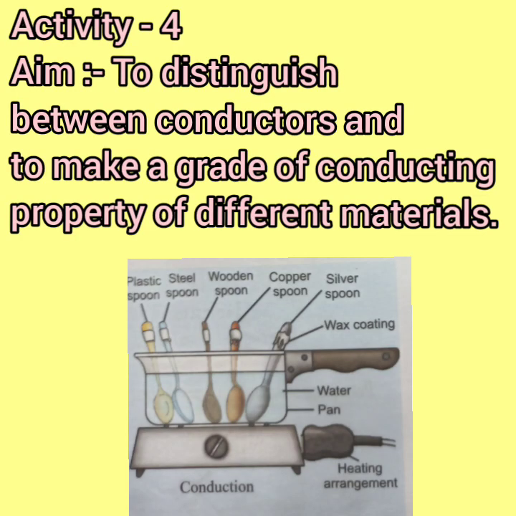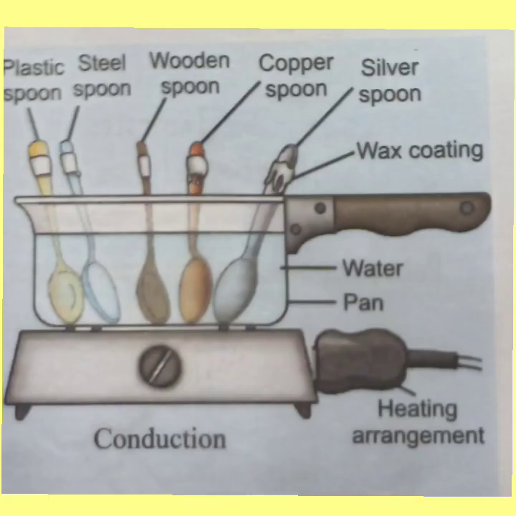Activity 4. In this activity, we are going to test the heat conducting property of different materials. For doing this activity, we need a heating pan, spoons made of plastic, steel, wood, copper and silver, heating arrangement and a block of wax.